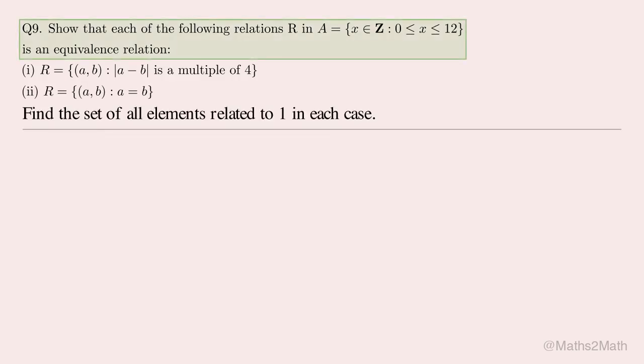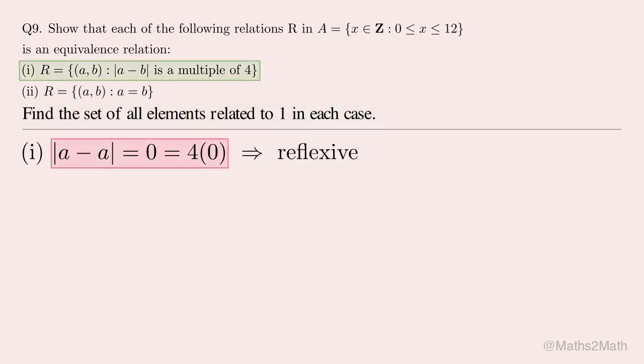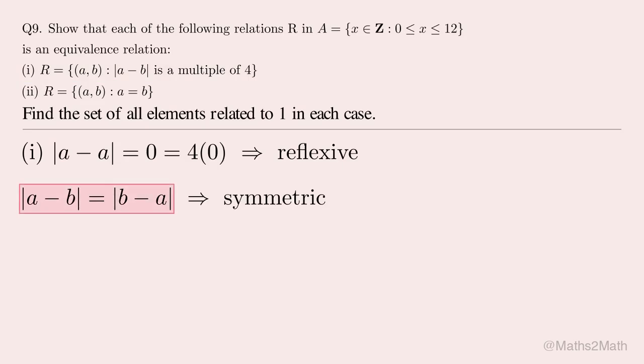Question 9. The set is the integers from 0 to 12. Relation 1 relates a to b when their difference is a multiple of 4. Relation 2, when a equals b. For each one, we must show it is an equivalence relation, and find the set of all elements related to 1. Relation 1, a minus a is 0, which is 4 times 0, reflexive. The absolute difference is order blind, symmetric.